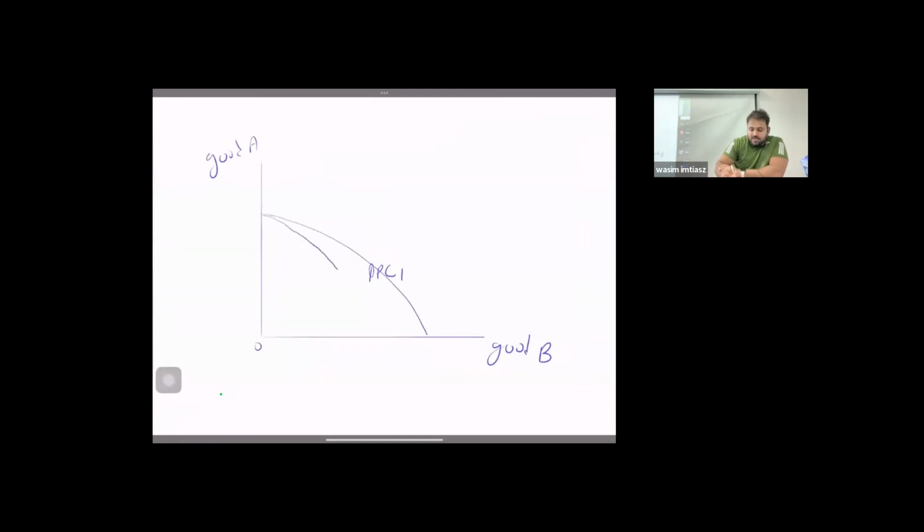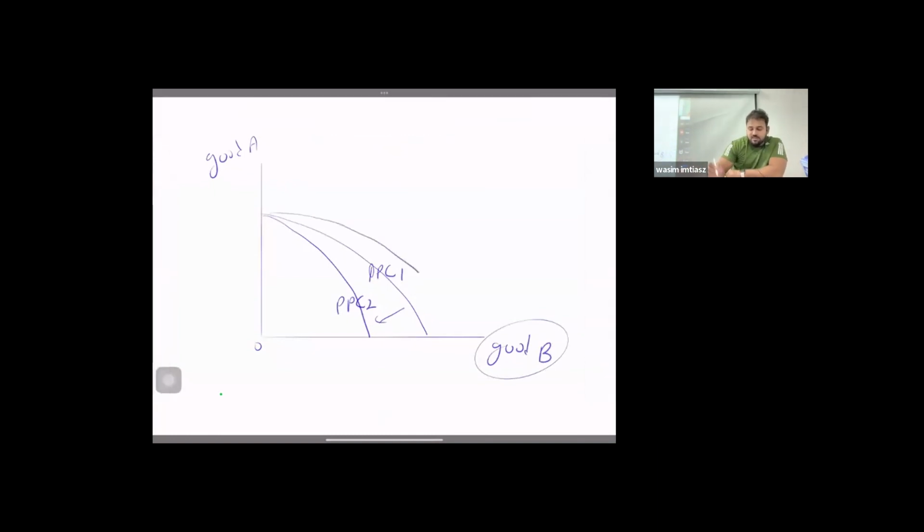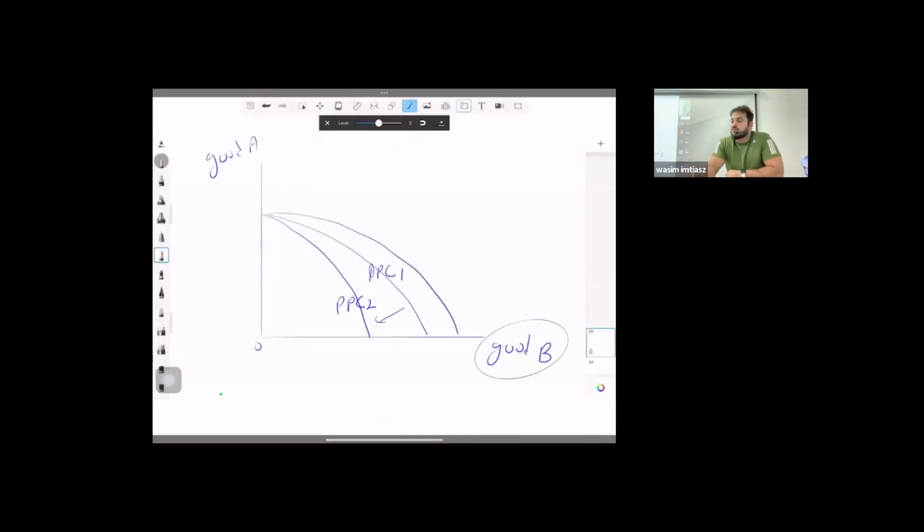Your curve is becoming like this, PPC 2. What has happened? The productivity has fallen in good B. Good B is not productive. Simple as that. Or, for example, it pivots here. What has happened? Productivity of good B has drastically increased. You all understand what I'm saying? Simple as that. Got it?